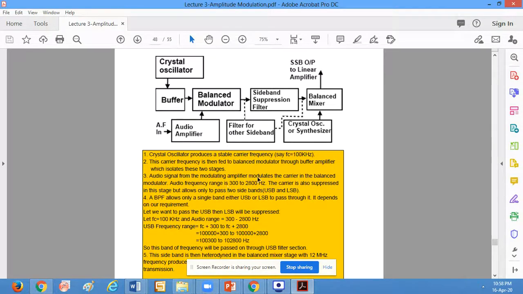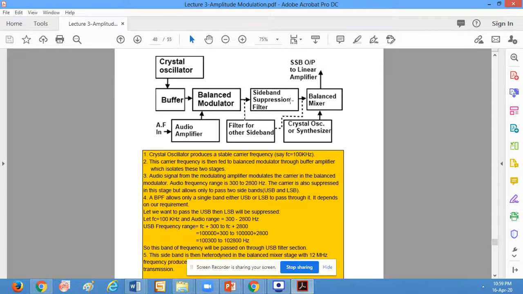This is basically the range of the voice signal that we normally speak. The carrier is also suppressed in this stage, and only the two sidebands are allowed to pass. So here we have the double sideband. Then one of the sidebands gets suppressed and the other sideband is passed through.